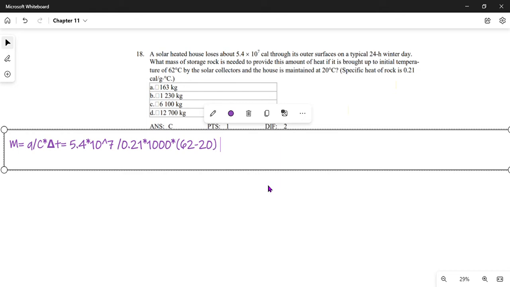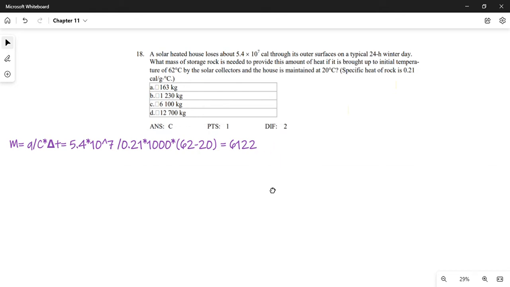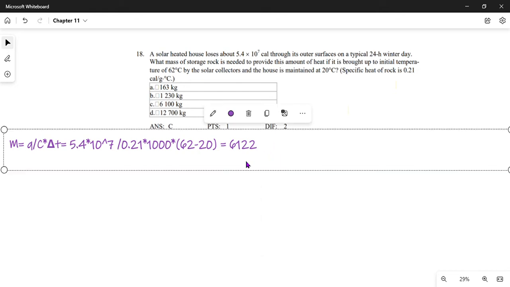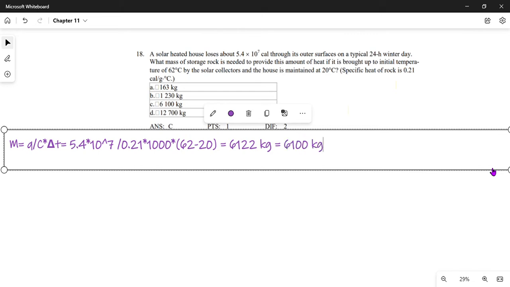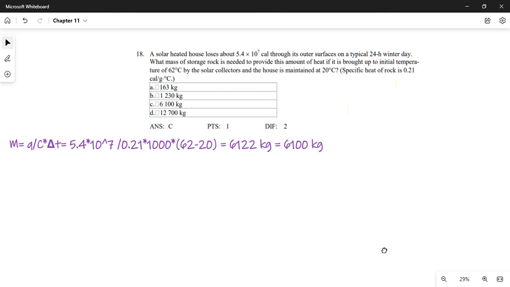All of this equals approximately 6122 kilogram, which is approximately equal to 6100 kilogram. So the answer is C.